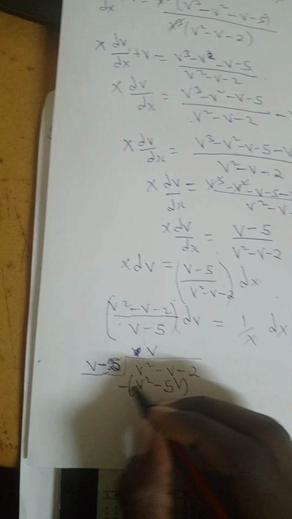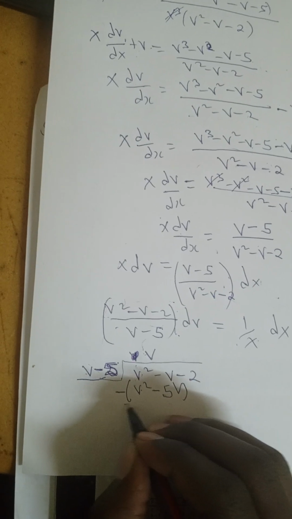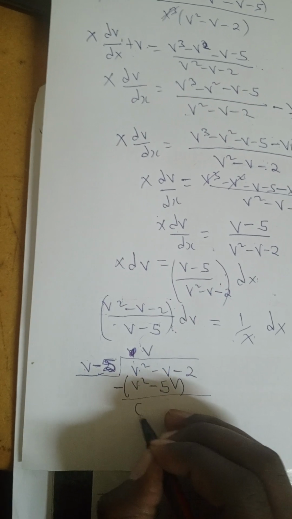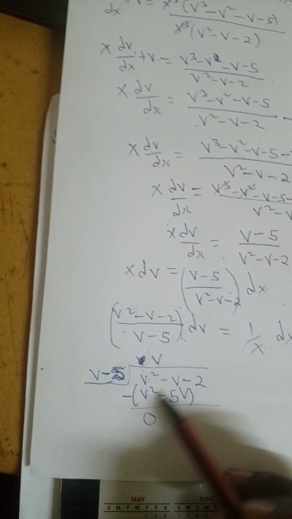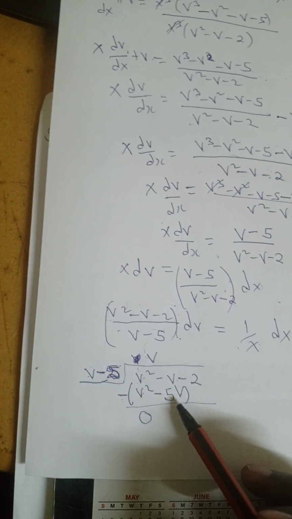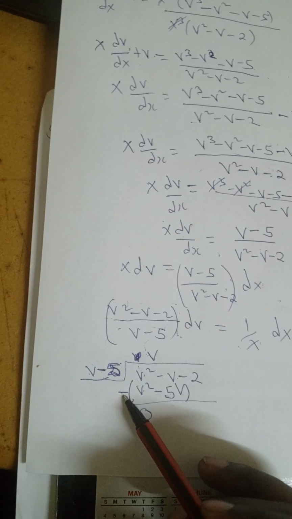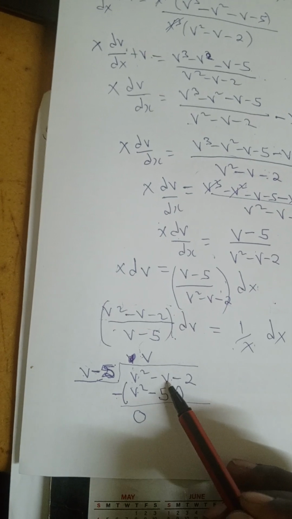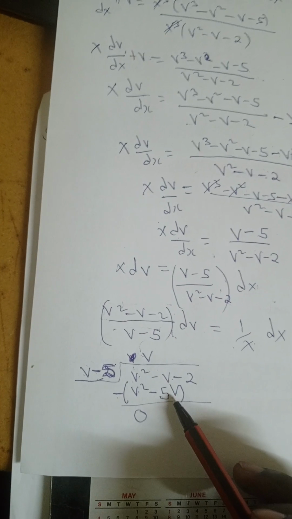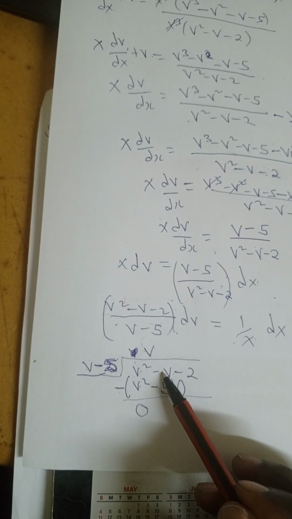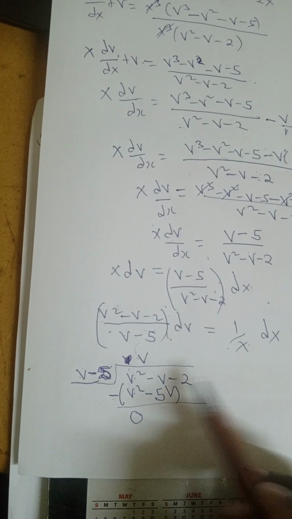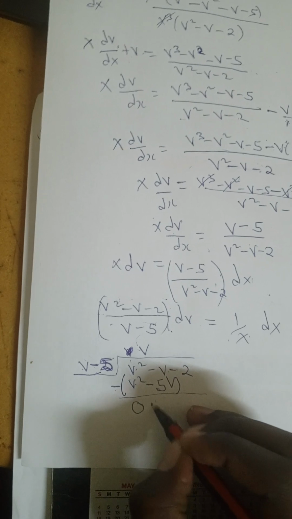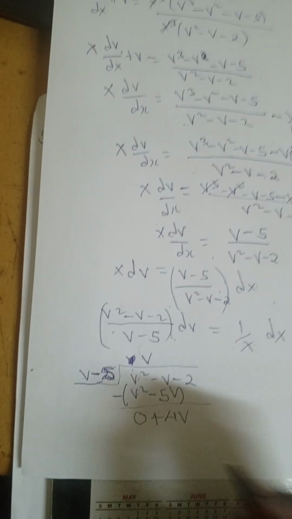Then v squared minus v squared, here I'm going to get a 0. Now minus v minus 5v will become a positive. So it's the same as 5 minus 1, because the coefficient here is 1. So 5v minus v is plus 4v.